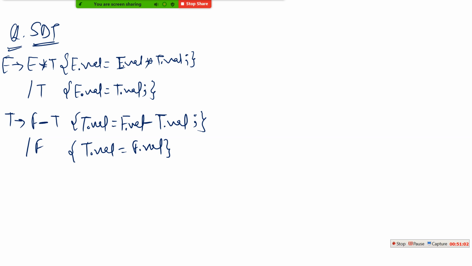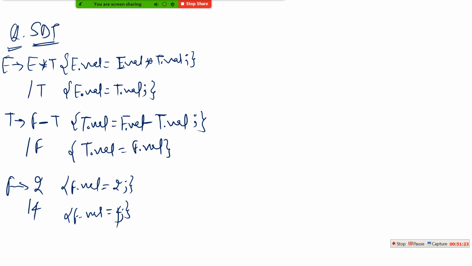It is a question which I am giving to you, and F is generating 2, and it is also generating 4. It simply means that F value is 2, and it simply means that F value equals 4.